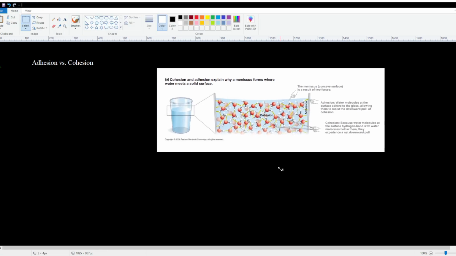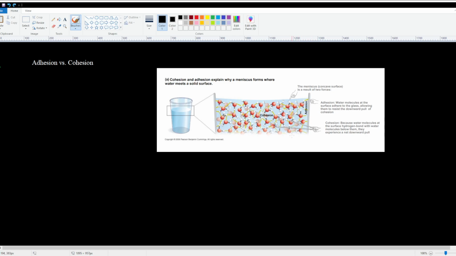Okay, so cohesion and adhesion explain why a meniscus forms on a solid surface. Adhesion is when water molecules stick to something that's not water.